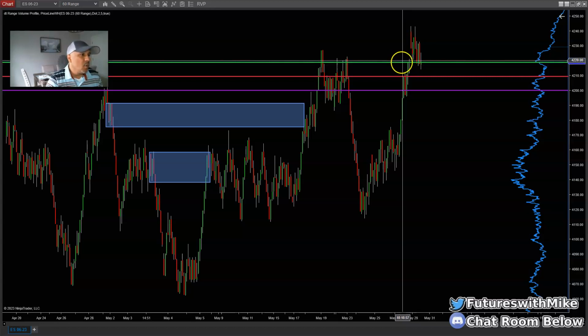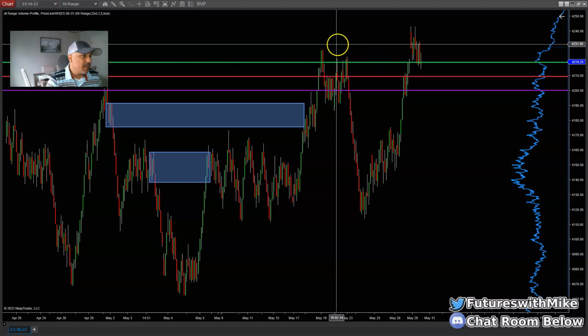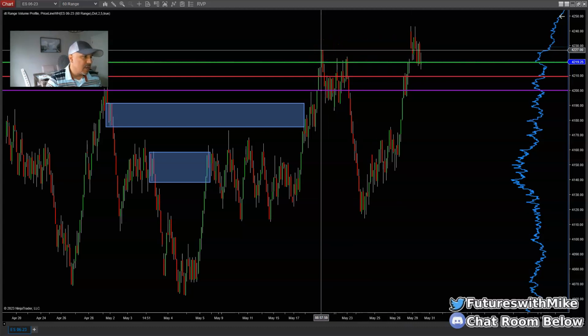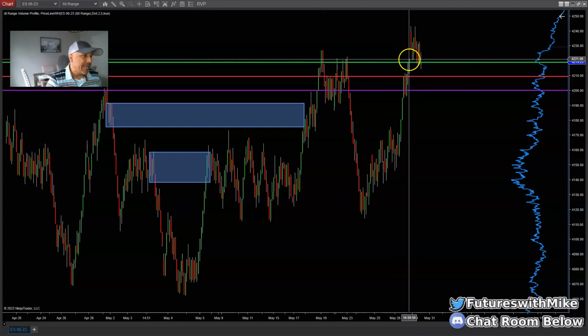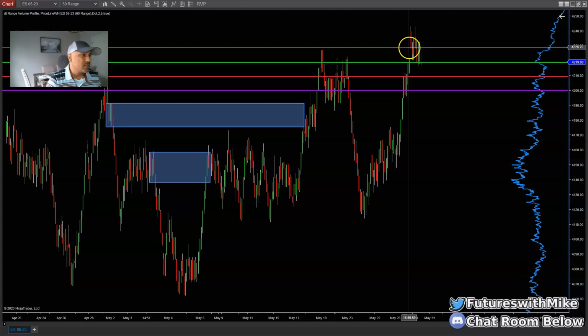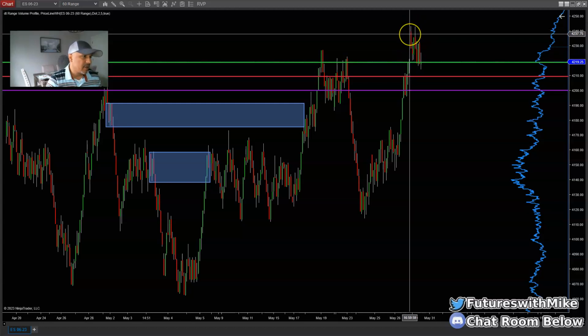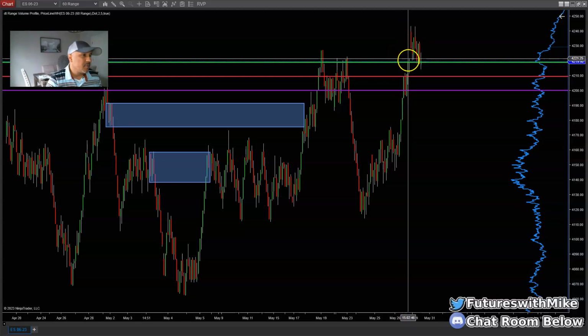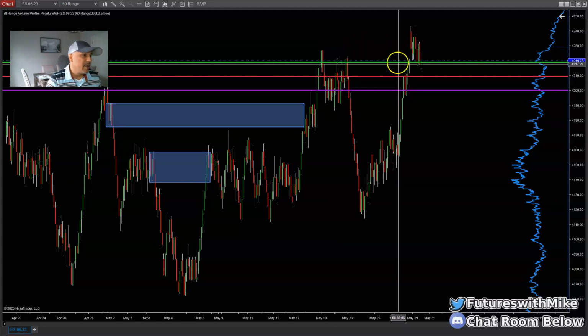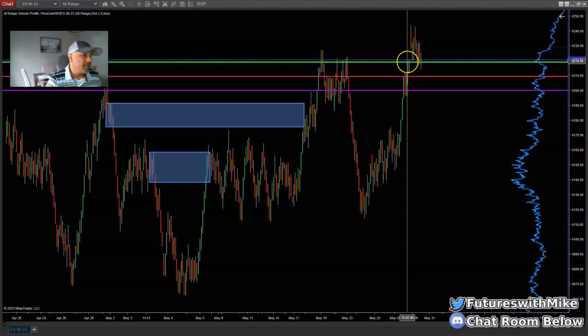So basically, once price broke above this high right here, swept that area of liquidity, I look at the very next candle which was created, which was this down candle right here. So at that point, I said to myself, okay, so price broke higher, swept the area of liquidity. But where did the buying that pushed the market higher actually take place?